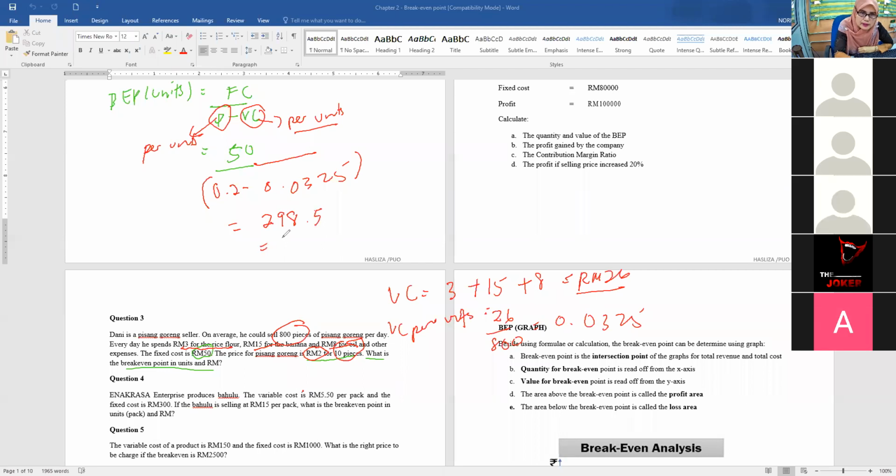Kalau 298.5, so dia akan jadi 299 units. Faham tak? Units tak boleh akan jadi 0.5 macam tu. Okay.